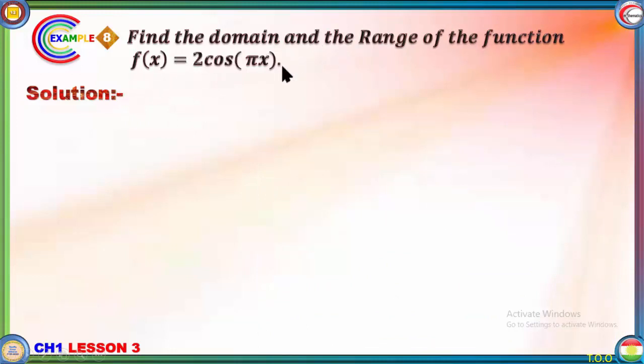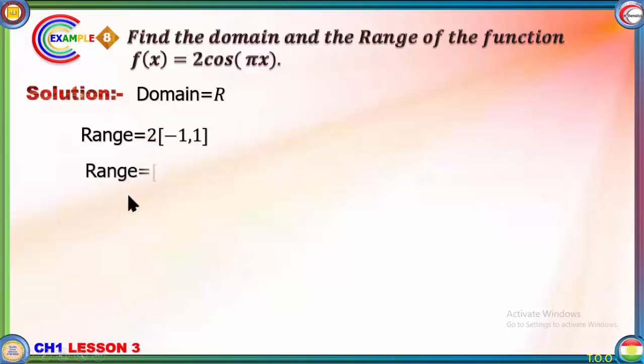Find the domain and the range of the function f(x) equals 2 cosine pi x. As we said in the previous example, because pi x is a polynomial function, the domain is all real numbers. But because we have multiplied cosine by 2, the interval -1, 1 is multiplied by 2, therefore the range is -2, 2.